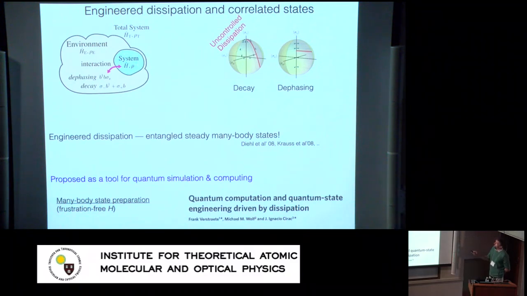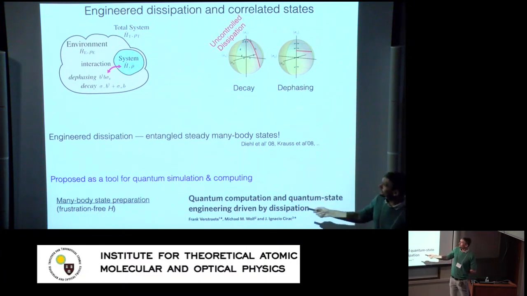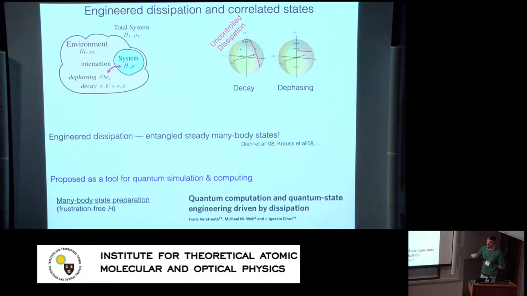Of course, there will always be uncontrolled decay and dephasing of your qubits, but we can also engineer some extra dissipation on top of that, and it's been appreciated that engineering dissipation gives you a way to create entangled steady many-body states, and you can do quantum computation.